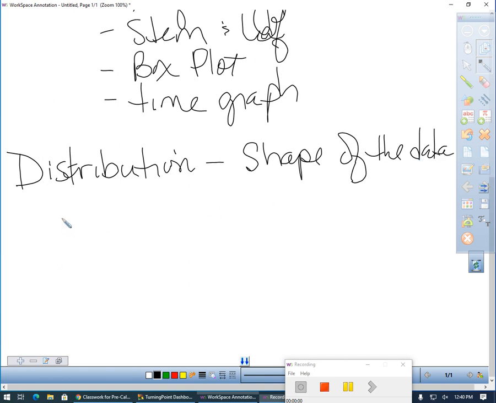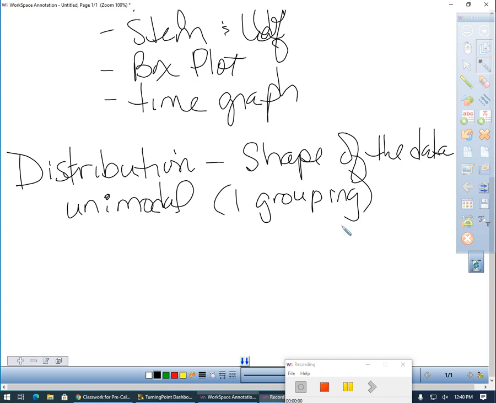So, for example, one of the words we use to describe it is unimodal. That just means if it's uni, it's got like one grouping of data. So quite frequently, if you have data that looks like this, it looks like you have most of the stuff all together, right?